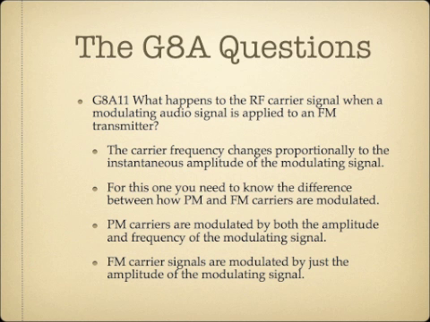And the characteristic of the modulating signal which causes the frequency of the carrier signal to change is just the amplitude. It has nothing to do with the frequency of the modulating signal, which is one of the trick answers on the exam. So the carrier frequency changes proportionally to the instantaneous amplitude of the modulating signal, or more simply said, the carrier frequency changes based on the amplitude of the modulating signal, and that's how FM carrier waves are modulated.